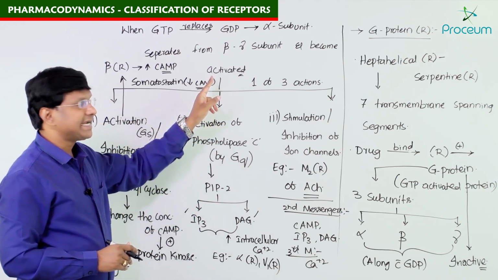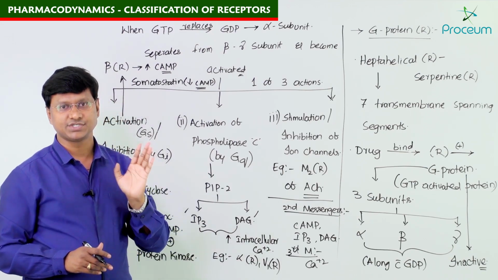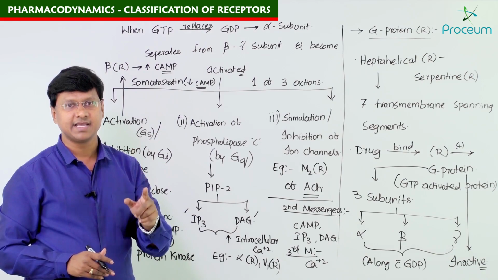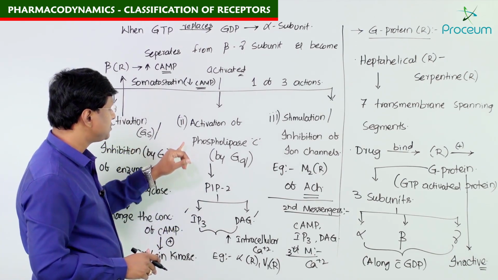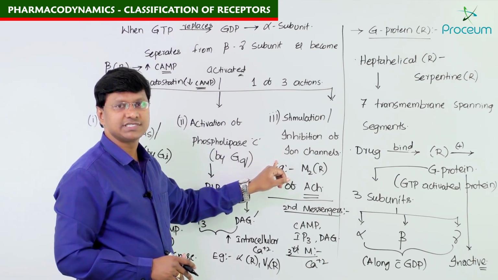Now, the activated alpha subunit may result in one of three actions: activation or inhibition of the enzyme adenyl cyclase, activation of phospholipase C, or stimulation or inhibition of the ion channels.